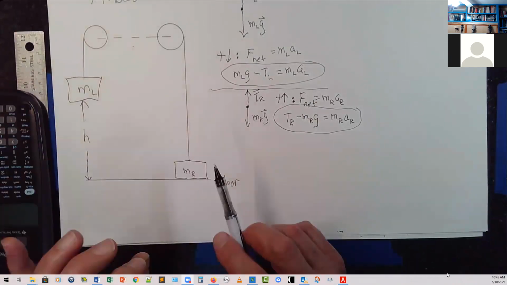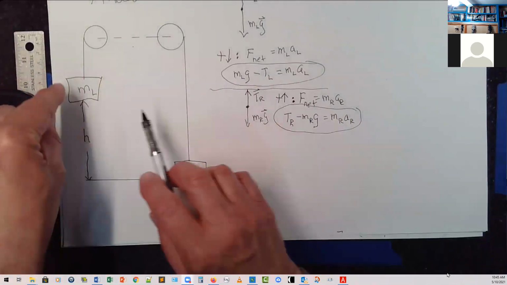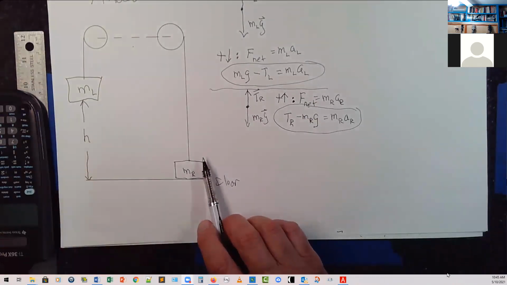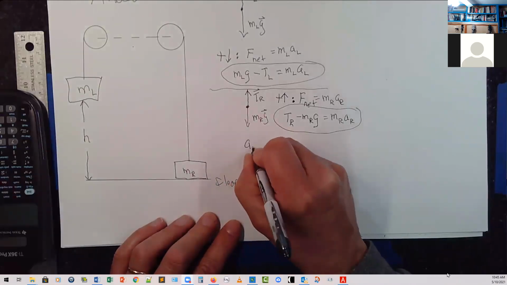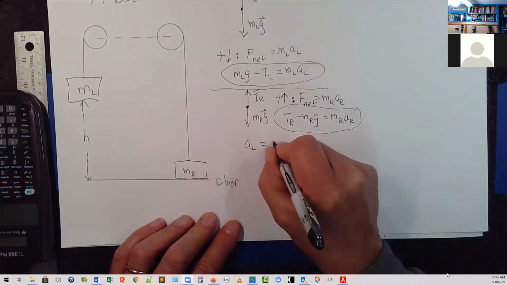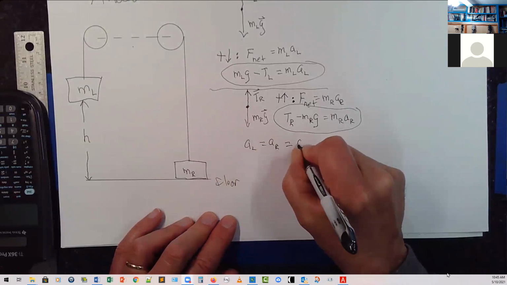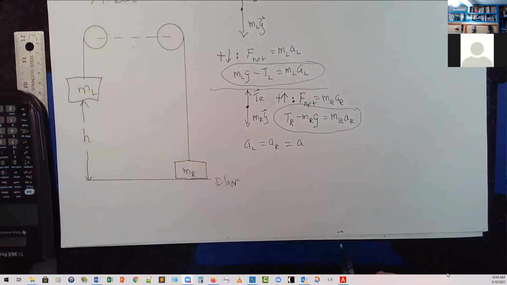And because of the way I chose my directions, down positive for this one, up positive for this one, they'll both have the same sign of acceleration as well. And so I can say that a sub L will equal a sub R, and I'm just going to call that a. That'll be the acceleration of either one of these things.